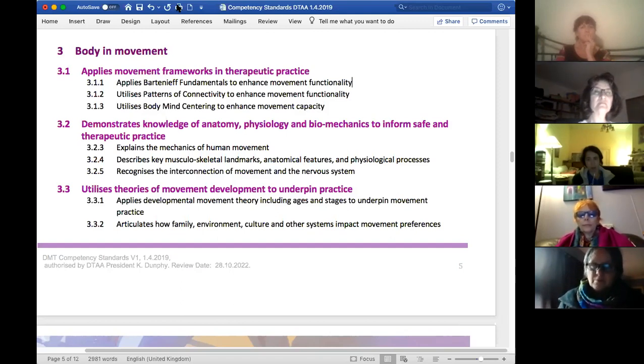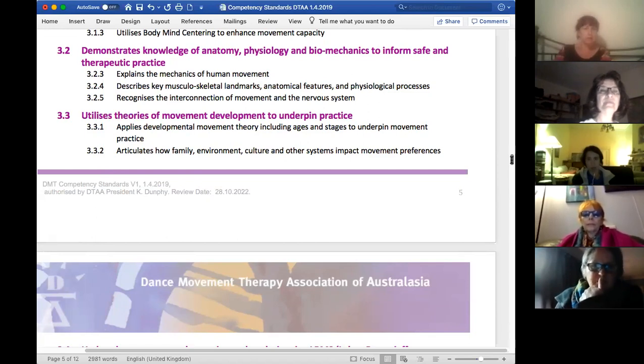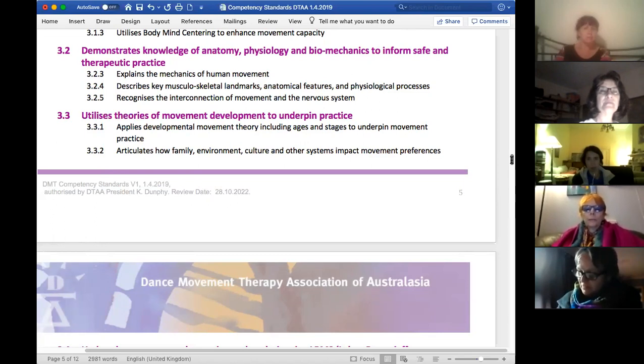So, thanks to some previous questions, we've recognized that perhaps this one needs to be expanded with a fourth sub-element. The body and movement, obviously, we also need to know about the science of the body and movement. So the second competency is around anatomy, physiology, and the knowledge of biomechanics. In the old days, I think we might have said kinesiology. We're quite clear to say biomechanics at the moment, because unfortunately kinesiology is also a bodywork modality, and we don't want that confusion.